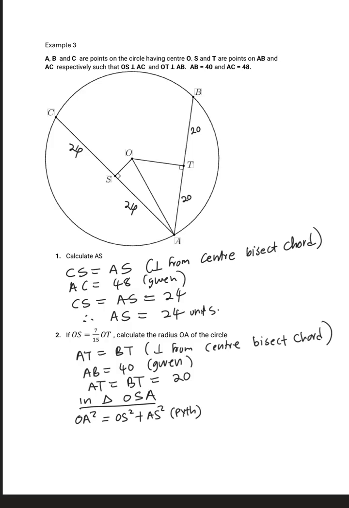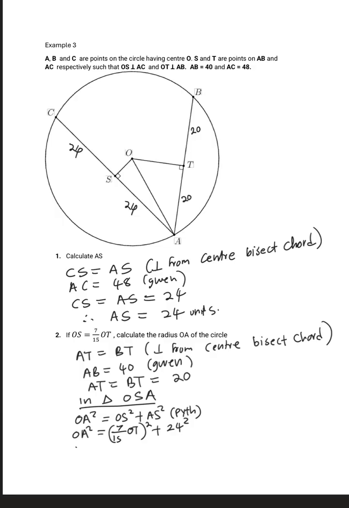And then we know OA, we don't know OA, and then we know OS, we are told it's 7 over 15 OT. So we're going to write 7 over 15 OT all squared plus AS is 24 squared, right?